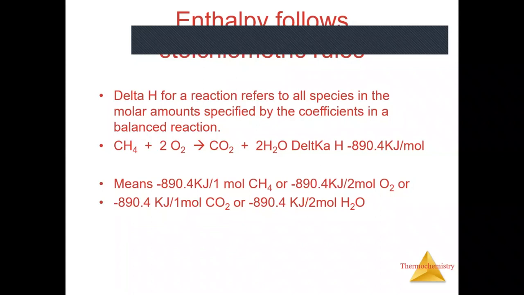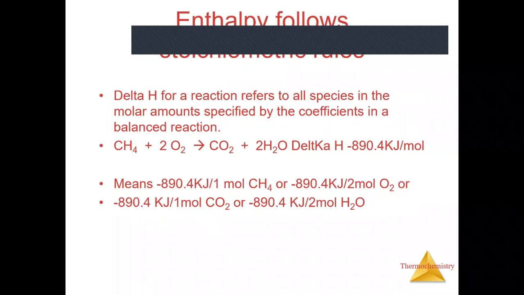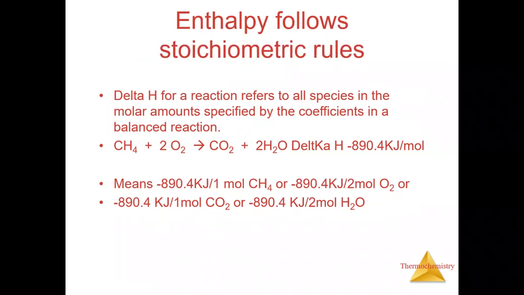Yep. So what happens if I have only 1 mole of oxygen? How much heat have I created? Half. Half of that. If I need 2 moles and I only have one, that means I can only create half as much energy.